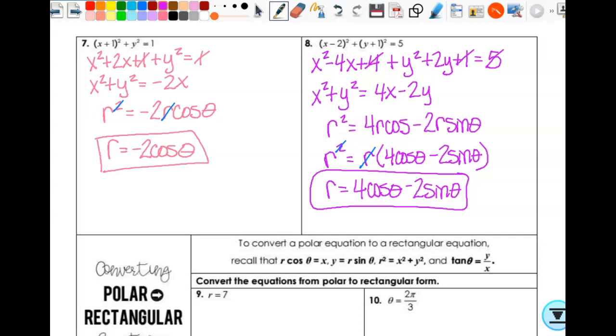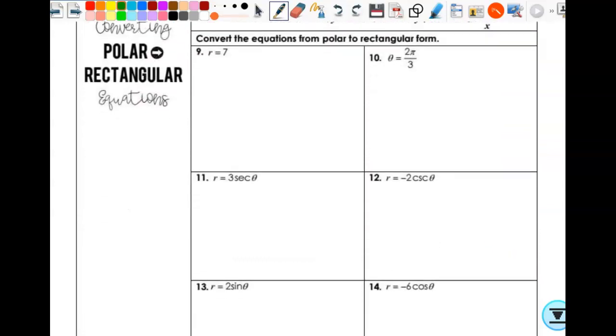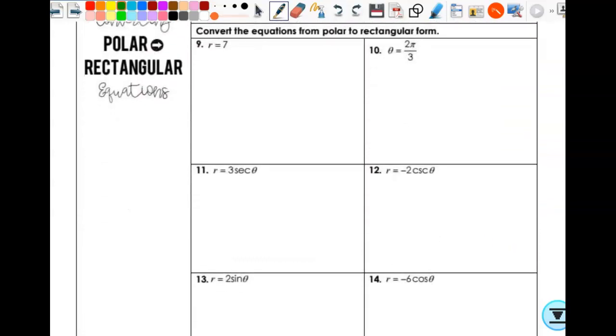Okie dokie. All right. So now we're going to convert the other way. We're going to have polar, and we're going to convert it to rectangular. So we're recalling the same things, except that we wrote these in a little bit of a different way yesterday, which will be a little bit more helpful. We know that x squared plus y squared does equal r squared, and that was clearly helpful there. But we also know that r is equal to the square root of x squared plus y squared.